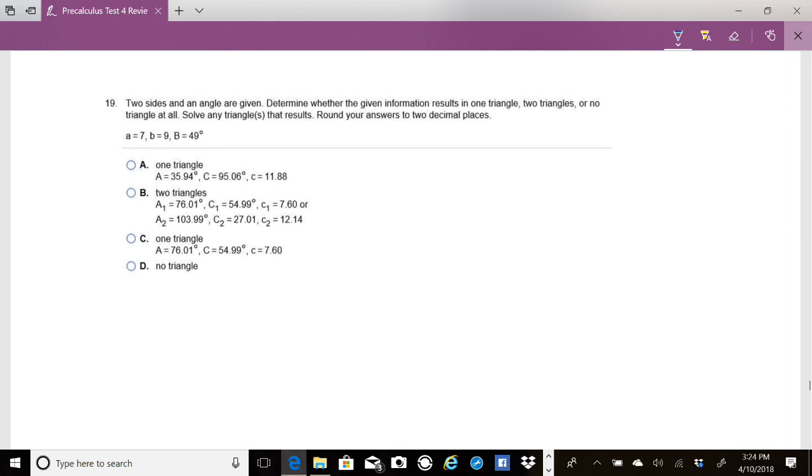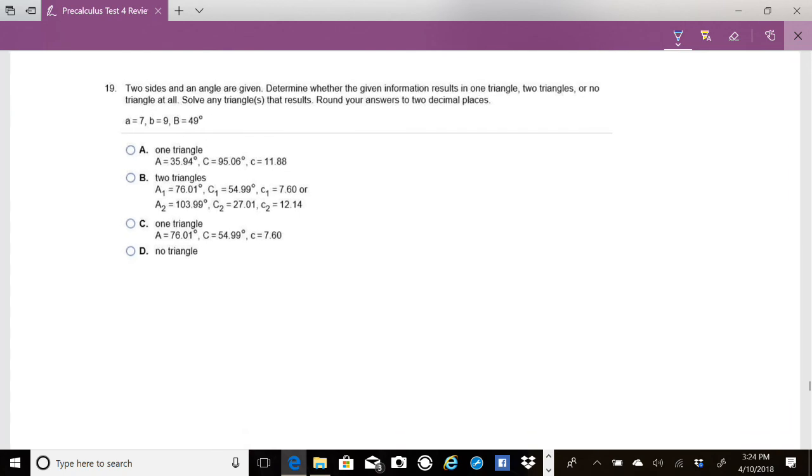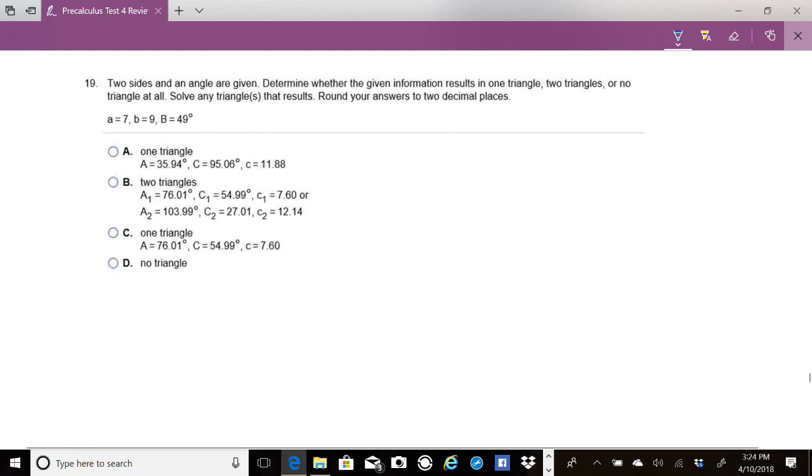Now we're going to solve a triangle problem. And in this situation, we're going to find out that there could be one triangle or two triangles, depending on what the parameters are. So here it's very important to draw out the triangle.